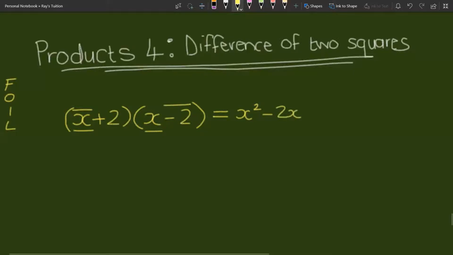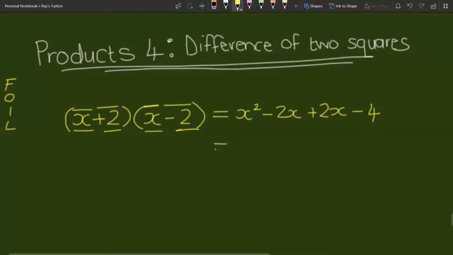The I is for inners, so the two on the inside of each bracket, so it's the 2 and the x, which is plus 2x. And finally, L is for the two last terms of each bracket, which is 2 times minus 2, which gives us negative 4.